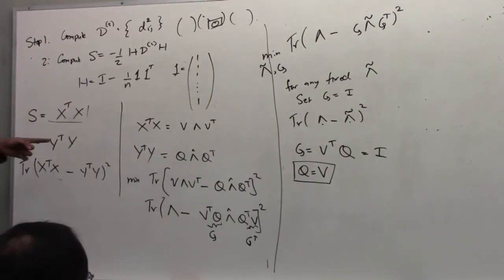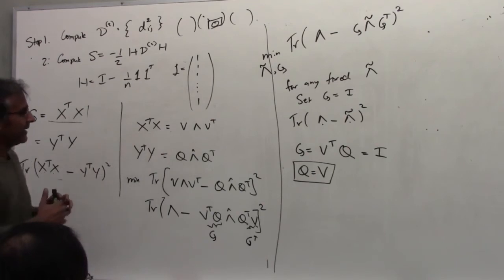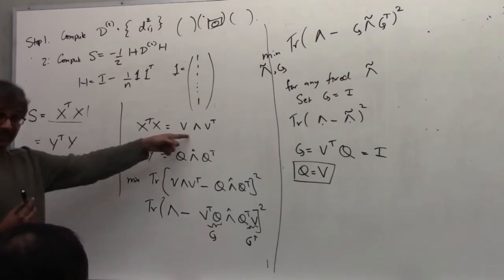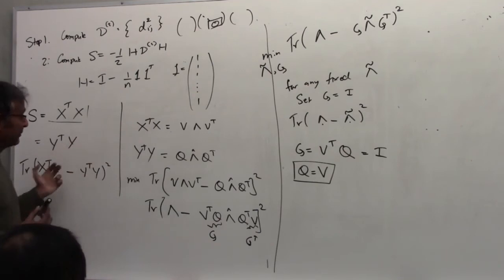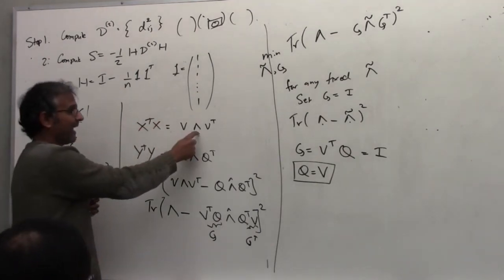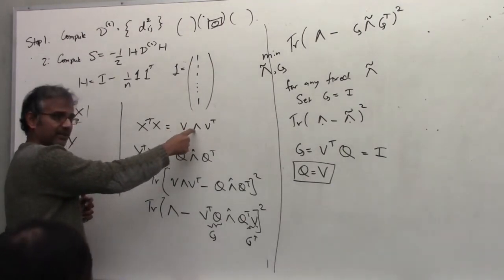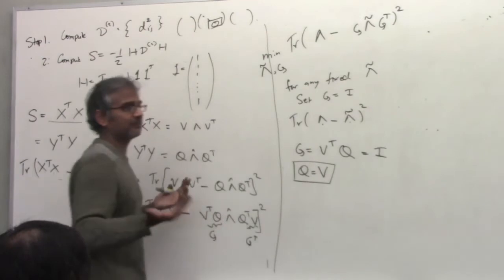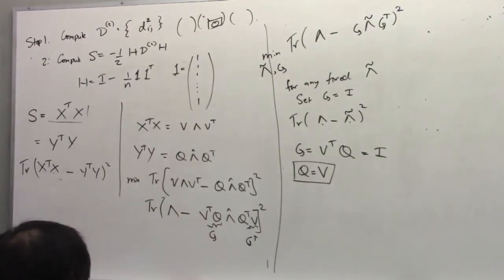What this is saying is that if you want to get the best k-dimensional representation of your similarity matrix here, just do the SVD of X, which is basically the eigendecomposition of X transpose X. Take the top k values and the corresponding vectors, and that's your representation, which is exactly what you do in PCA.